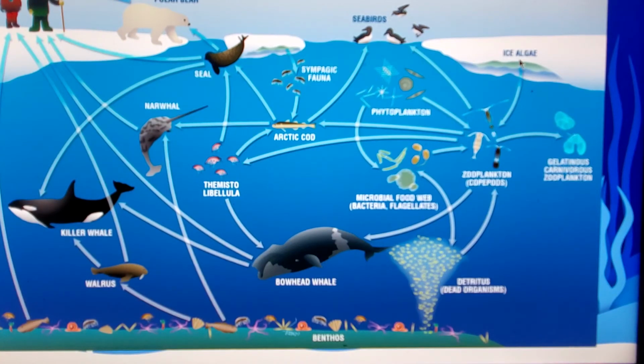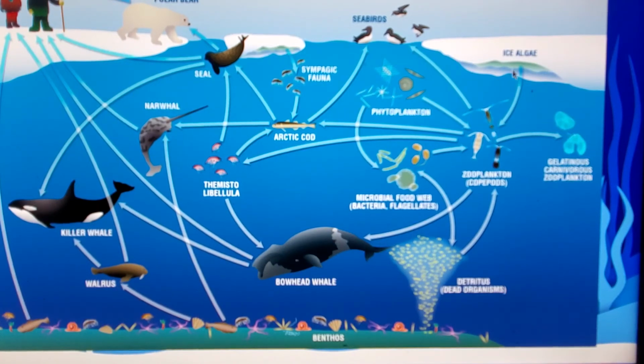But we can see that that algae provides food for these little zooplankton. When you see some kids get confused between phytoplankton and zooplankton, just look at what the first three letters are. Z-O-O, zoo. That means animal. So this is an animal, okay?